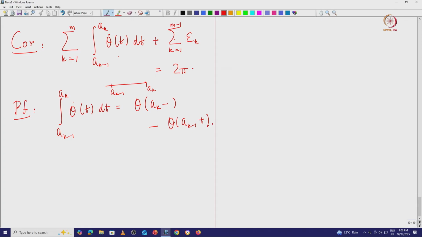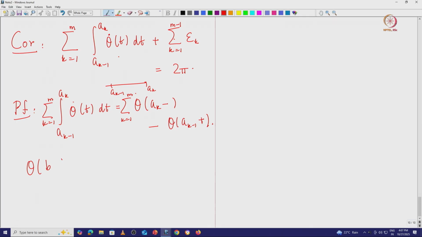Okay, so now if you add up all of these, if you sum over all k, let us start at maybe the right end point.